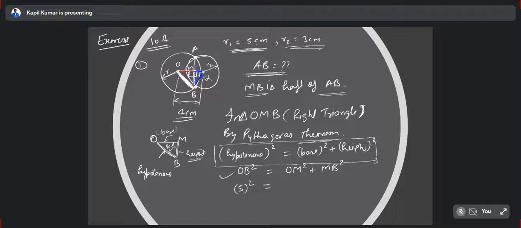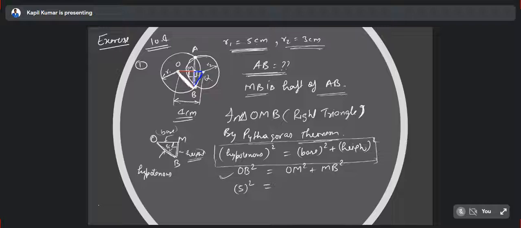Sir, I have one question, sir. In OB, you wrote R1 at the end of that line, of the chord. What is that R1? Radius one. R1 means radius of this circle.